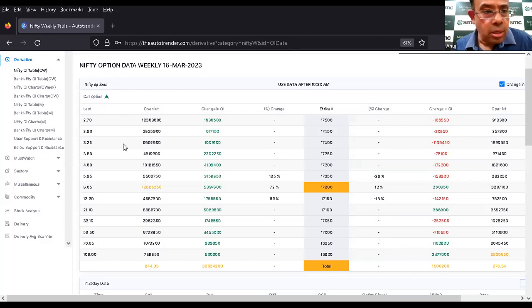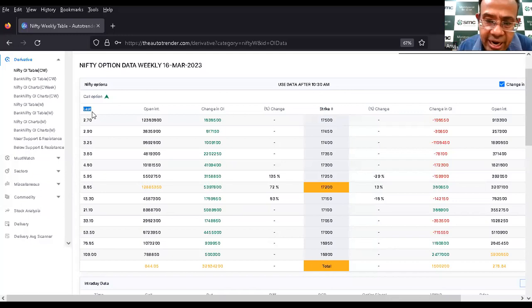So let's begin with what is over here. In the middle you can see the strike prices ranging from 17,500 to 15,900. No need for a proper explanation of what a strike price is, you may already know. The second thing you can see is the last price.